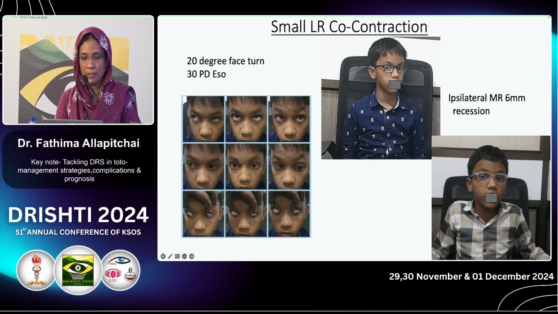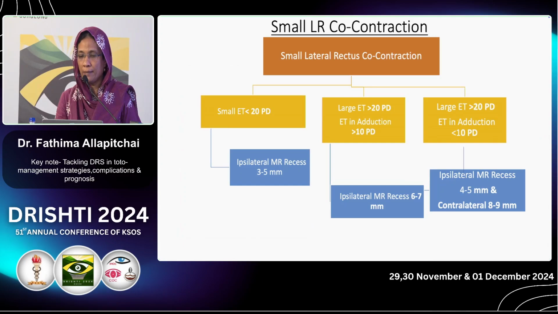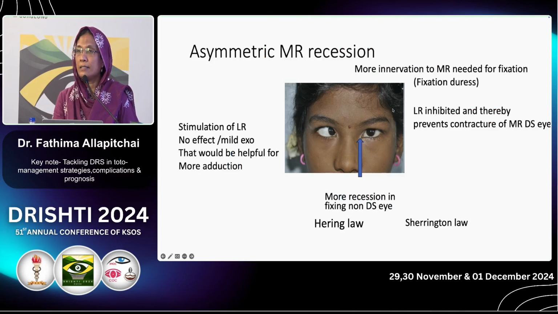There is not much co-contraction. But even then, you can find some minimal 5-degree face turn remaining. So asymmetric bilateral recession is always more recommended than ipsilateral medial rectus recession. But in a small angle, it is difficult to explain to the parents about touching the normal eye. For a small angle with insignificant co-contraction, we can go ahead with ipsilateral MR recession.